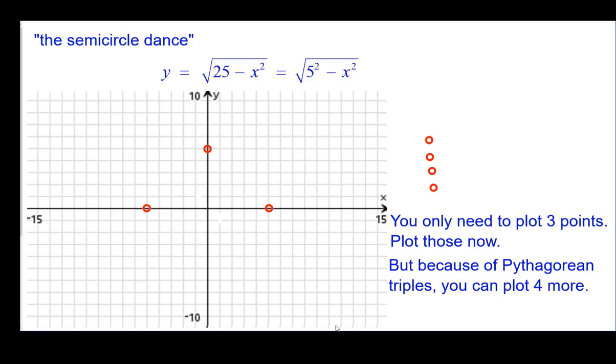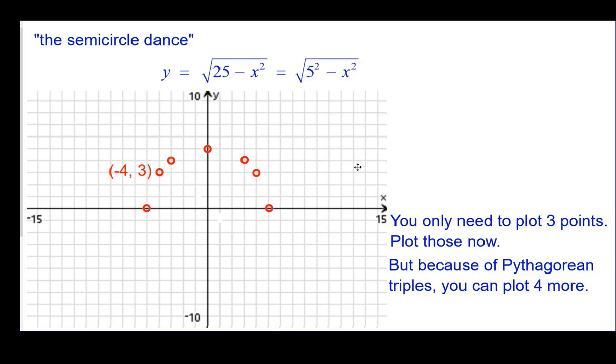However, because we have Pythagorean triples in these, we can plot 4 more. I want to make sure you realize that. So for example, at 4, 3, we've got a 3, 4, 5 triangle. At 3, 4, we have a 3, 4, 5 triangle because the radius is 5. Negative 3, 4, we've got a 3, 4, 5 triangle.